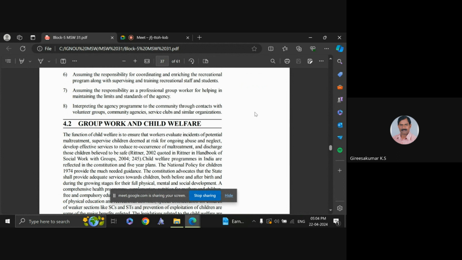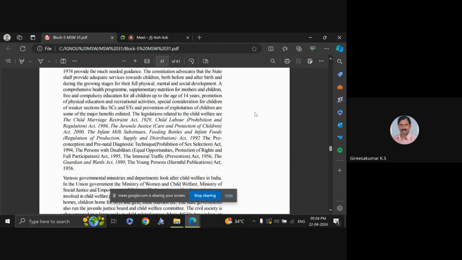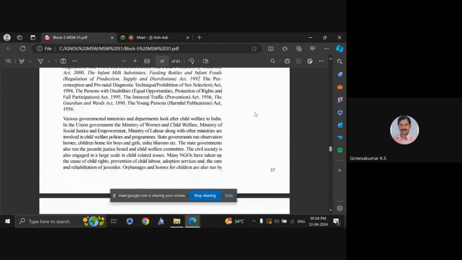The function of child welfare: what is the utmost aim? Potential incidents of maltreatment are there. Supervising children deemed at risk of ongoing abuse, neglect. Hence, group work in child welfare is very much necessary. There are so many issues and challenges which children face.